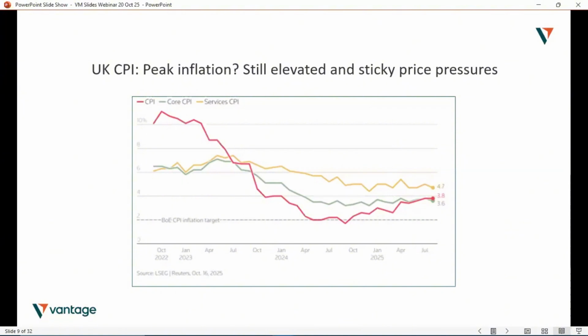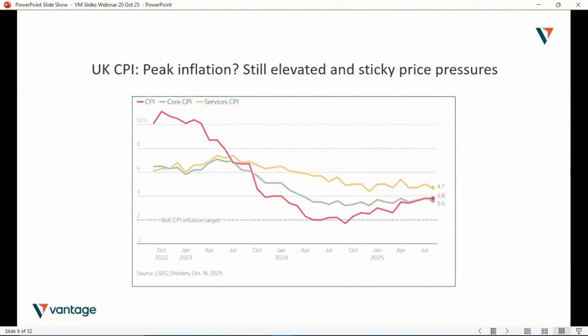That's mainly due to, well, motor fuel and airline base effects. For your guide, previously the headline held steady actually, while the core slipped to 3.6 from 3.8, and services slid to 4.7 from 5%.